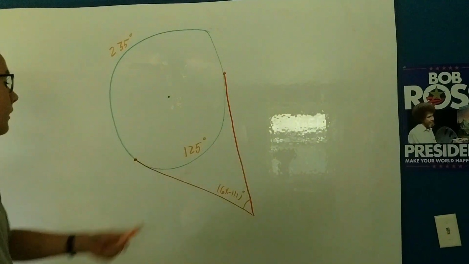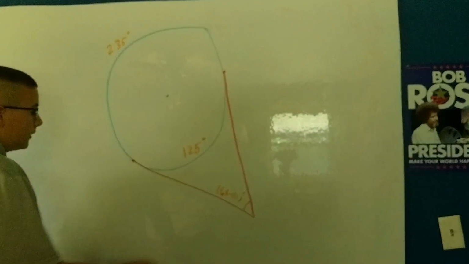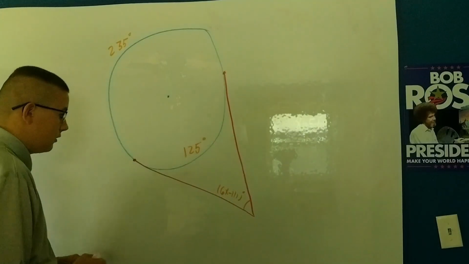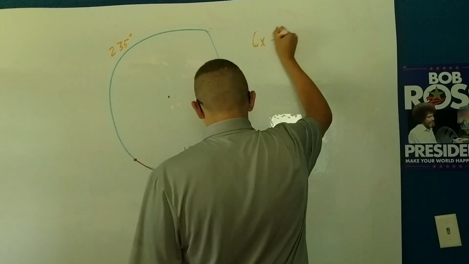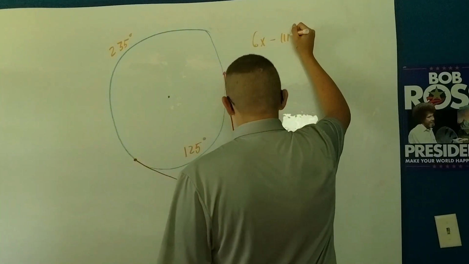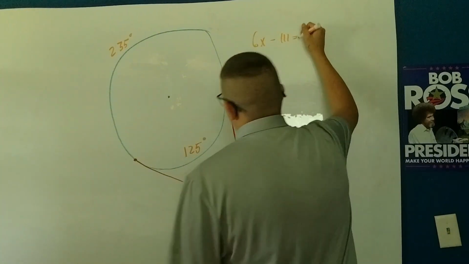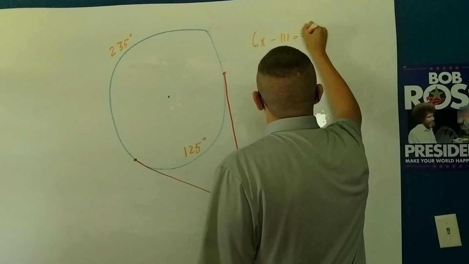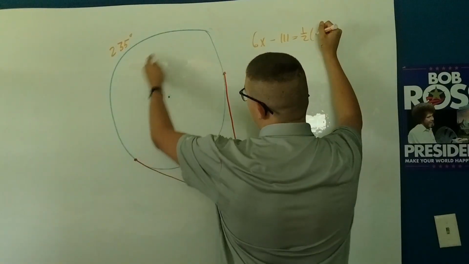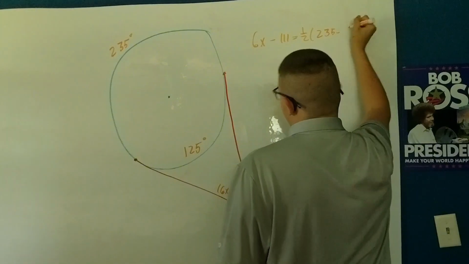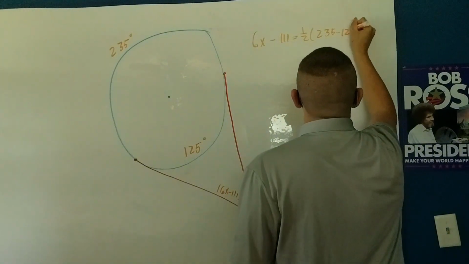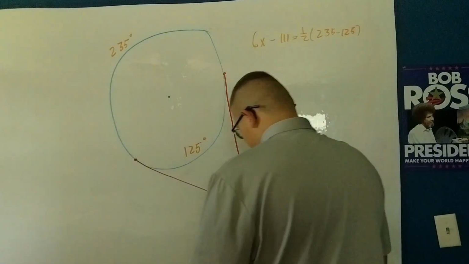So from there, we can set this up again just to solve for this here. So we know that 6x minus 111 equals 1/2 of our bigger arc, 235, minus our smaller arc, 125, like that.